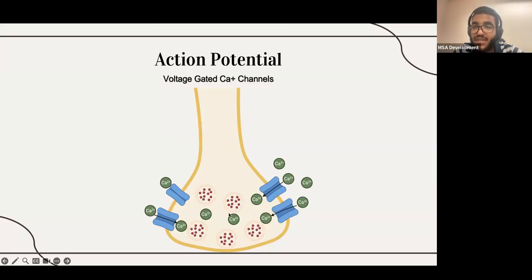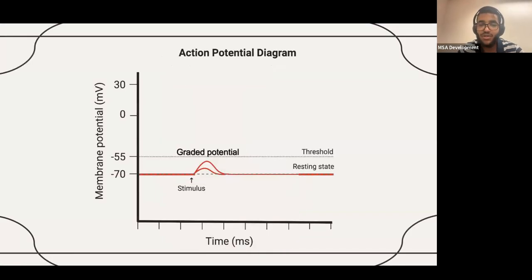And calcium always has this property of making things stick together. So it makes the vesicle move to the presynaptic membrane, fuse with it, stick to it, and what we call exocytosis of the neurotransmitters, and that's how it's released from one neuron to the other.